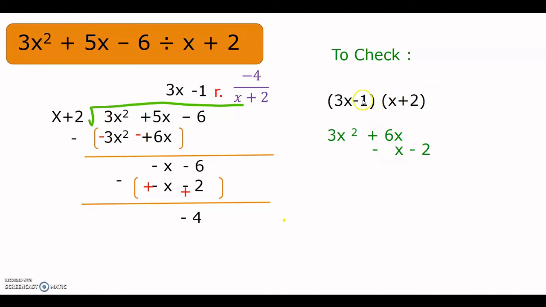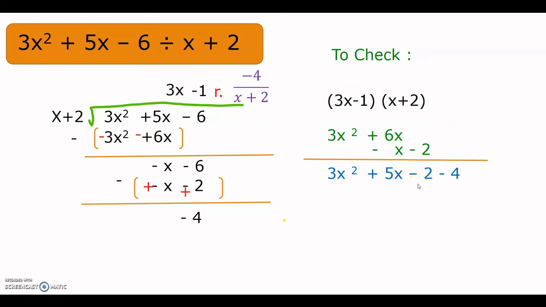And the last one is negative 1 times 2 is negative 2. Then we will add. So 3x squared, bring it down. And then positive 6x, negative x, so we have positive 5x, because 6 is bigger than negative 1. And our negative 2, let's bring it down.